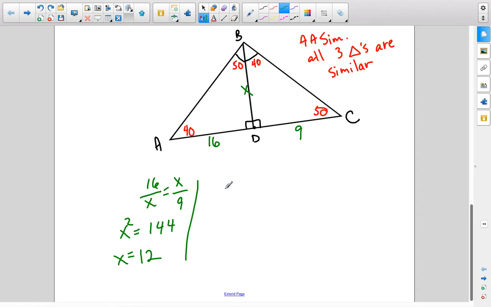altitude. Now let's say it's one of the other types of problems. Let's say I'm not looking for x at all. Let's say I'm looking for, and I'm trying to come up with some good numbers that are going to work for us.